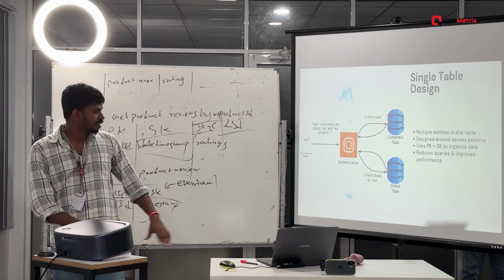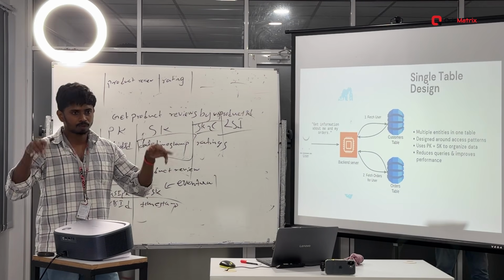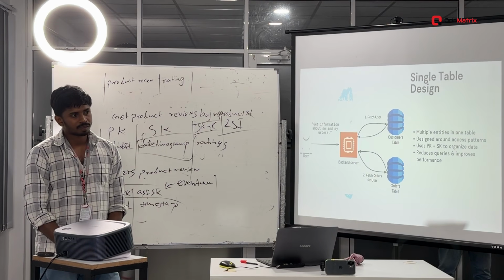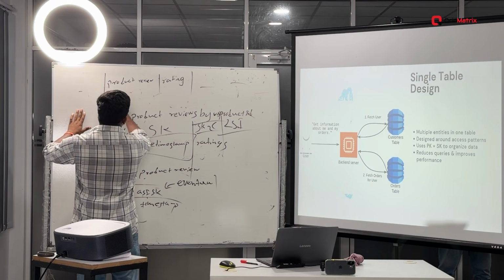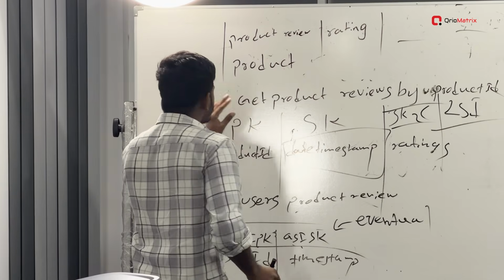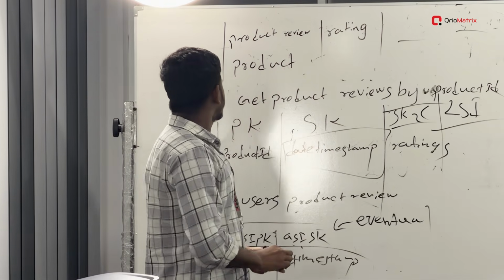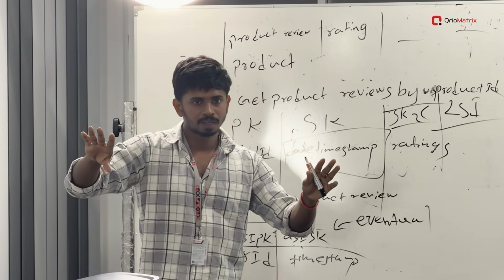Just think in this DB you have products also. So let's have an access pattern, like you need to get product details for a specific view.